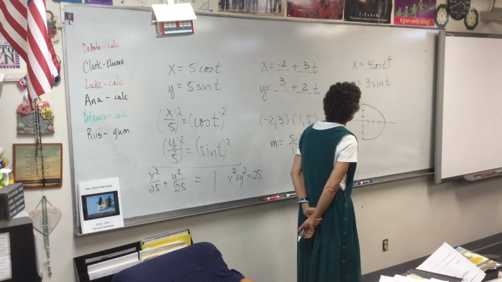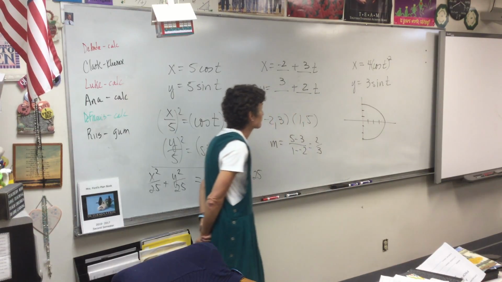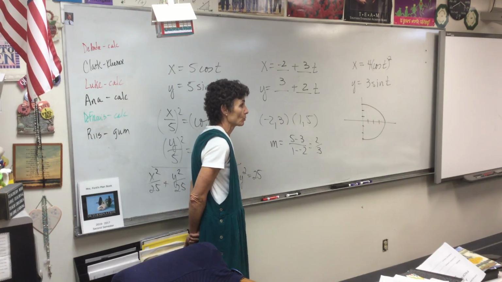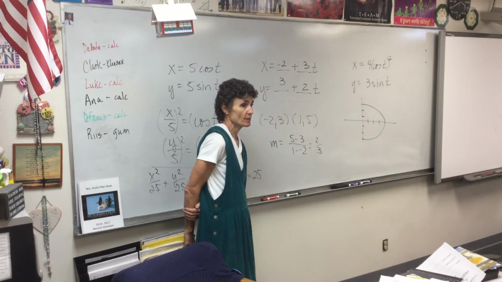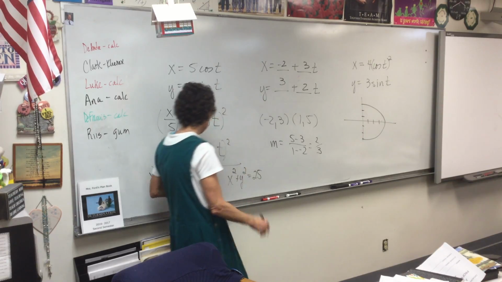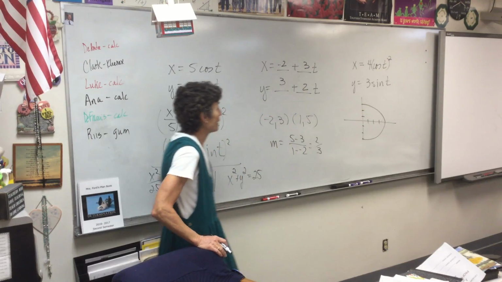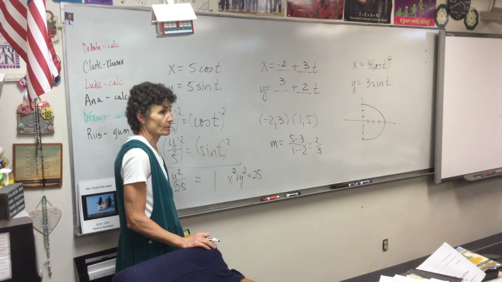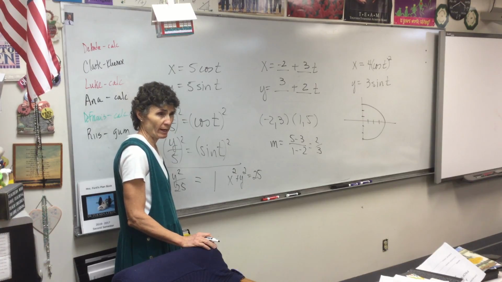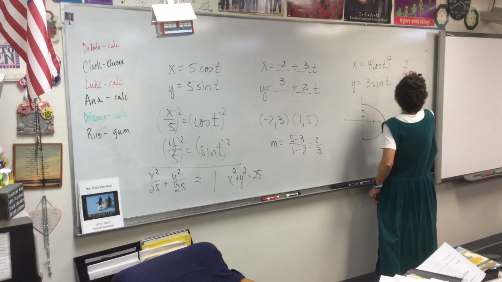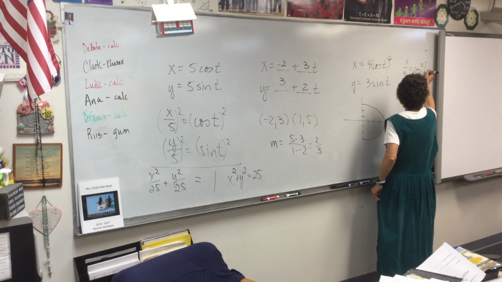All right, so any ideas how we might go about writing a Cartesian equation? In other words, getting rid of the t's like you did over here. Those are a little bit different. What might we do with those? Well, isn't the top one already squared? So on top, can't I just say x over 4 equals cosine squared?